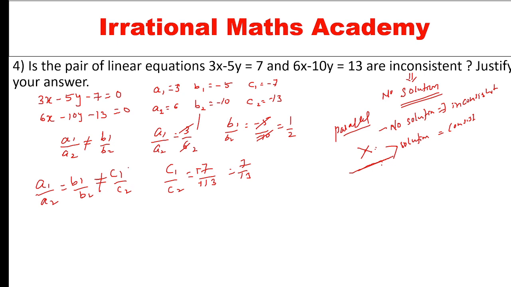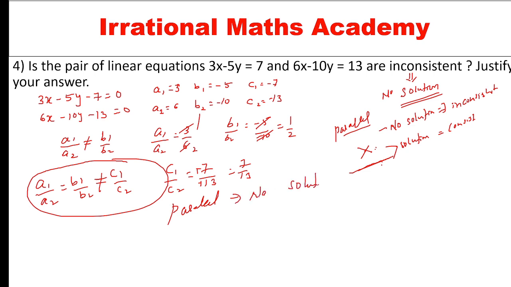So these are parallel lines. If they are parallel lines, there is no solution, so these lines are inconsistent. Justify your answer. Is this clear? We have used the conditions to show that these are inconsistent lines.